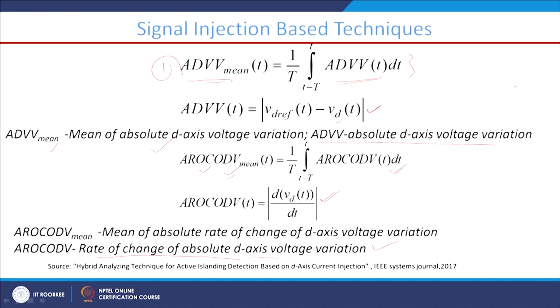See why we are doing all this exercise: sometimes if we take more features, and these are basically features, you can take voltage, the mean of the voltage, the rate of change of the voltage, or the energy present in the rate of change of voltage. Those are basically different features. Why are we taking many features? Because a single feature may not be sufficient to detect whether it is an islanding or a non-islanding situation.